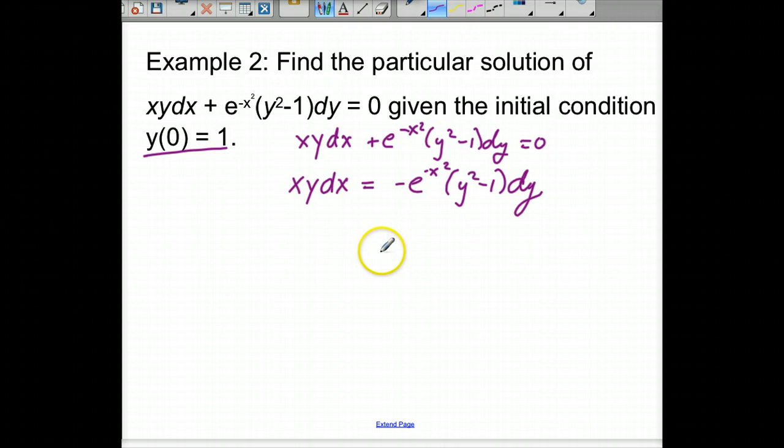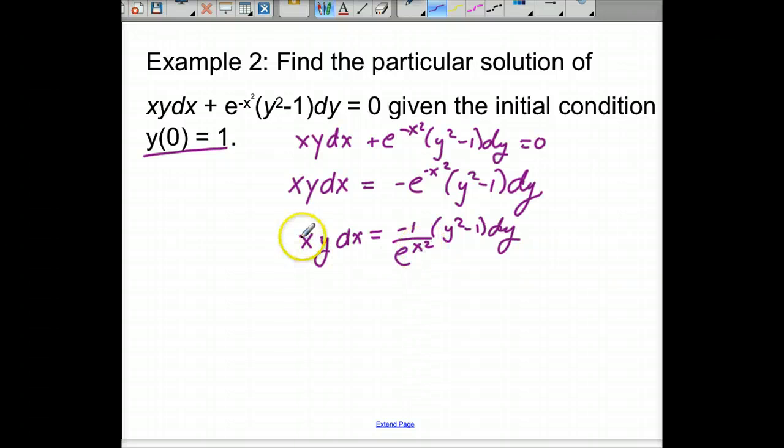So let's get the, what this means is negative 1 over e to the x squared, just so that you are familiar with what I'm going to do next. This means this. So I want to divide by y here. I'm going to get the y's on the right side because I've got a lot of y's over here, and I'm going to get the x's on the left side.